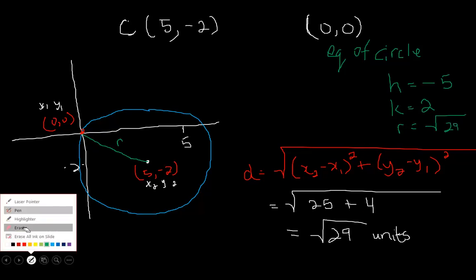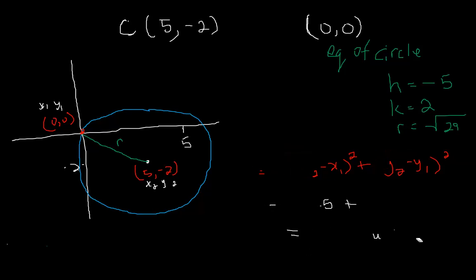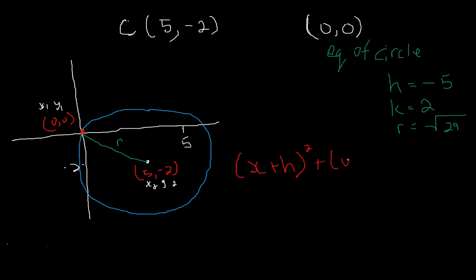Now we have the values of H, K, and R. We could put it in the standard form. Can anybody tell me what the standard form is? (x plus H) squared plus (y plus K) squared equals R squared.